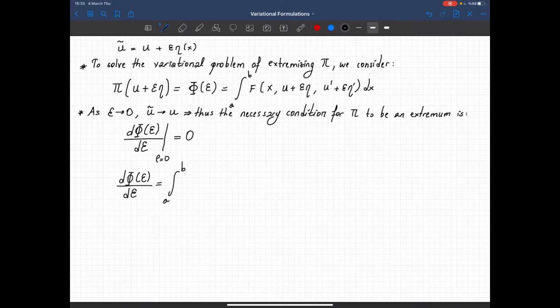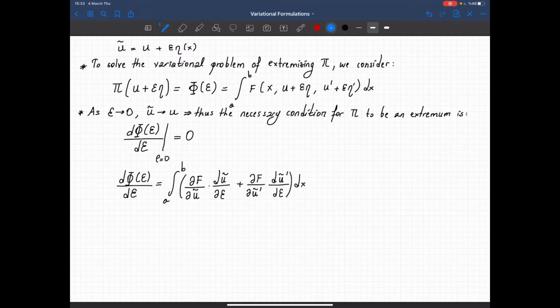From a to b, del f over del u hat, du hat over d epsilon, plus del f over del u hat prime, du hat prime divided by d epsilon, dx.